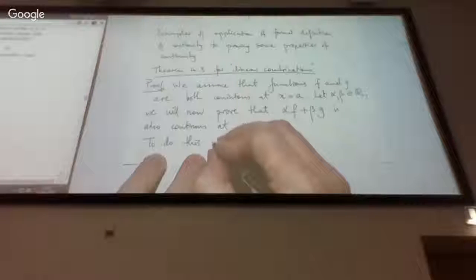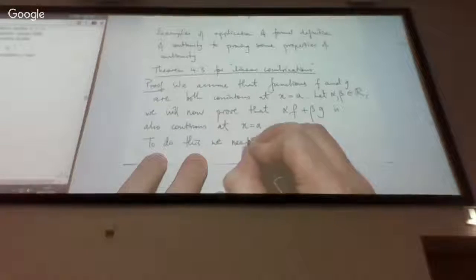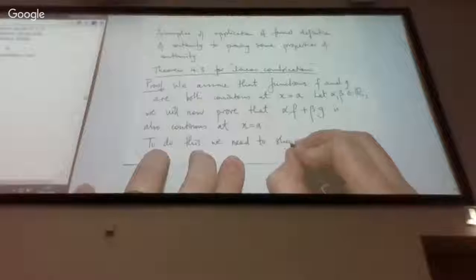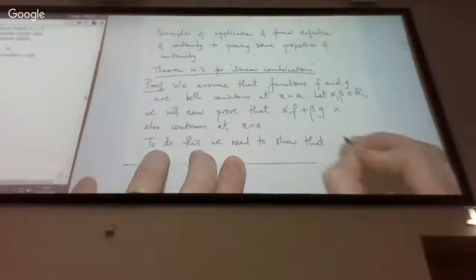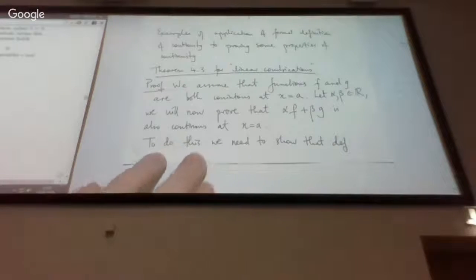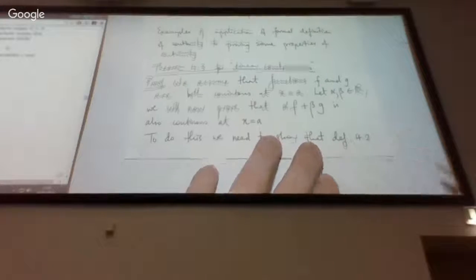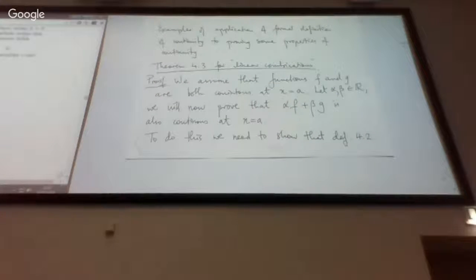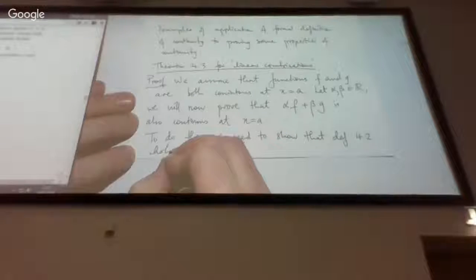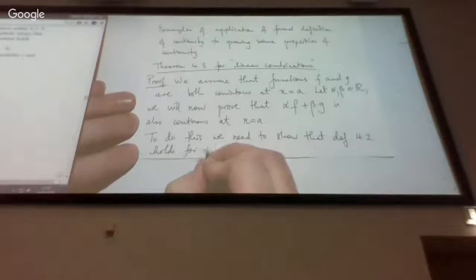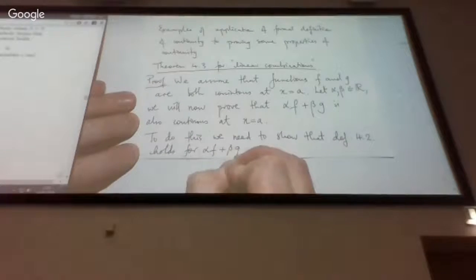So to do this, we need to show that Definition 4.2, the formal definition of continuity, holds for the new function alpha f plus beta g.